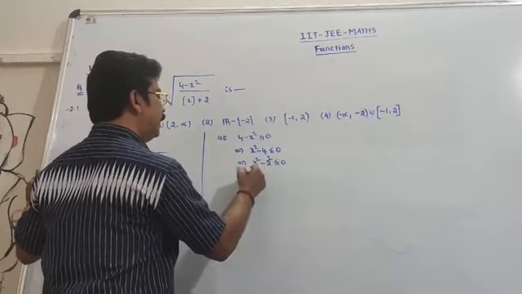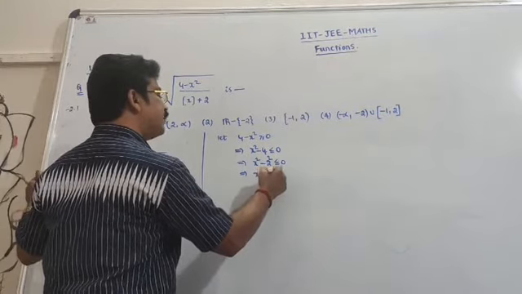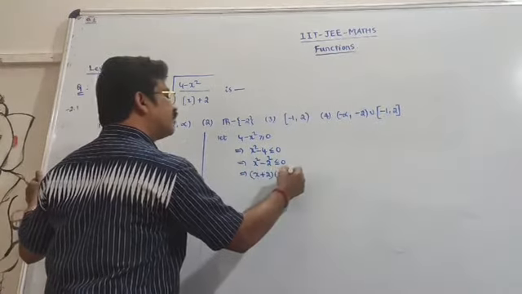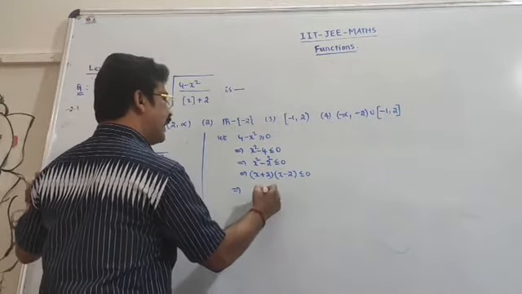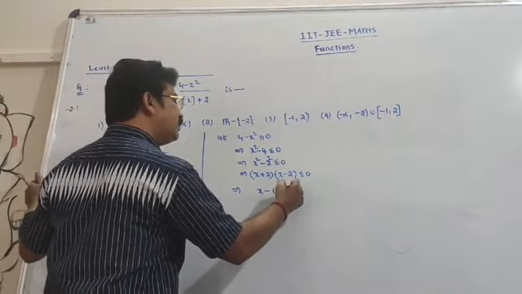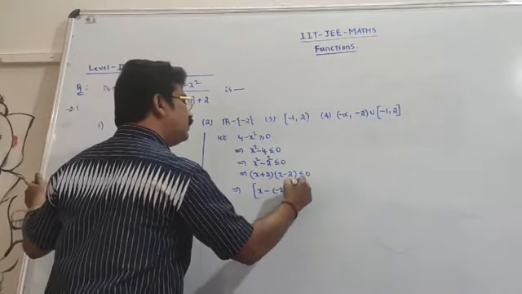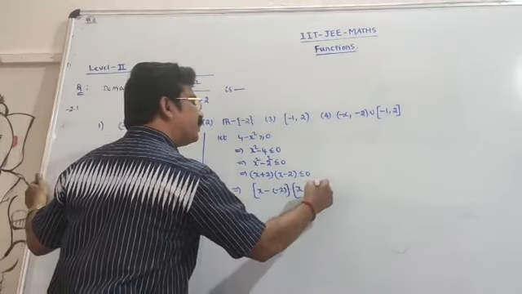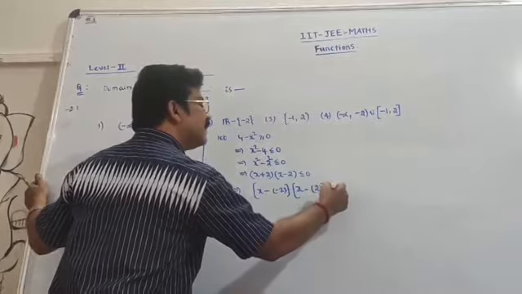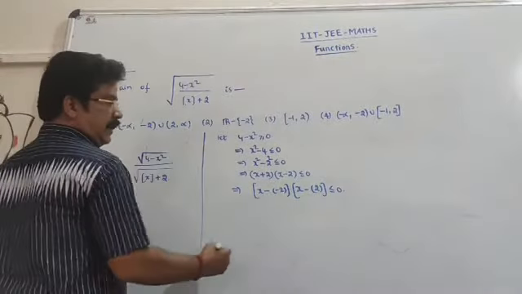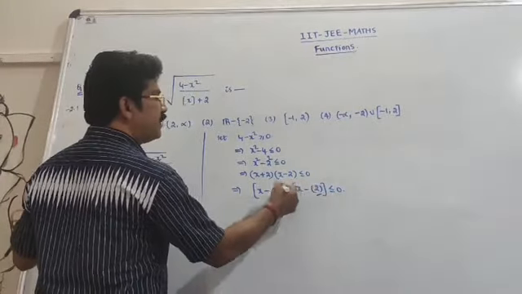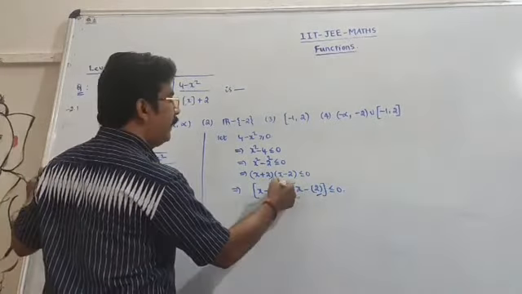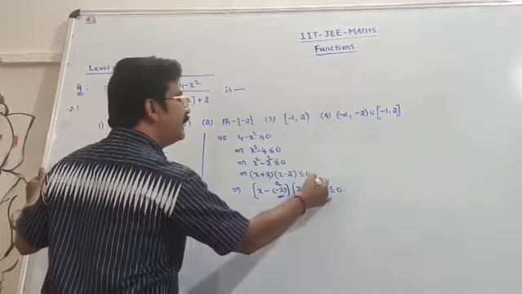Then directly, x plus 2 into x minus 2 is less than or equal to 0. So x minus 2 into x plus 2 is less than or equal to 0. Out of minus 2 and plus 2, which one is the smallest number? Minus 2. Let it be a, and let the other be b.